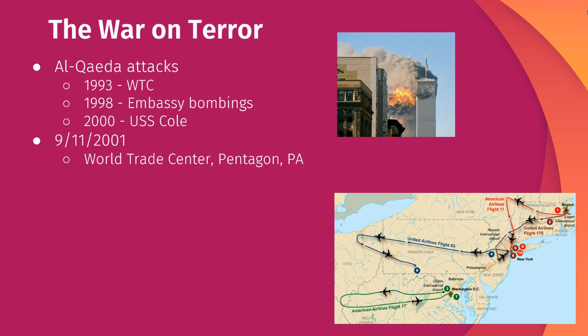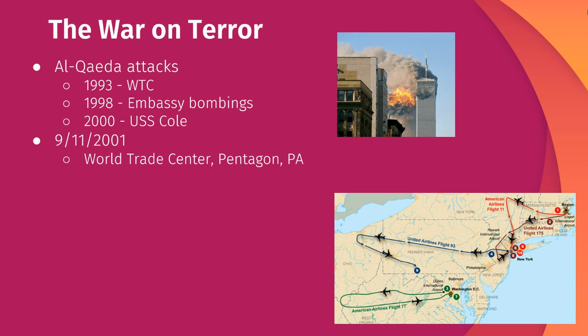It was a Tuesday, and these attacks happened in the morning of September 11th. You can see with the map on the bottom right, two of these aircraft took off from Boston, one took off from Newark, and one took off from Washington, D.C. The two aircraft that took off from Boston flew into the World Trade Center.